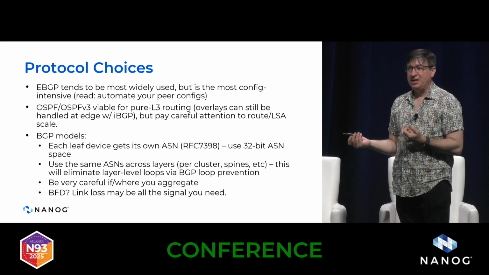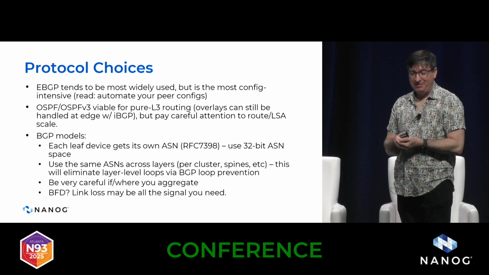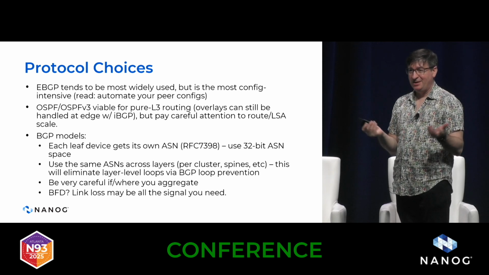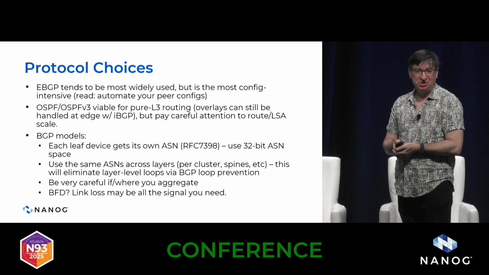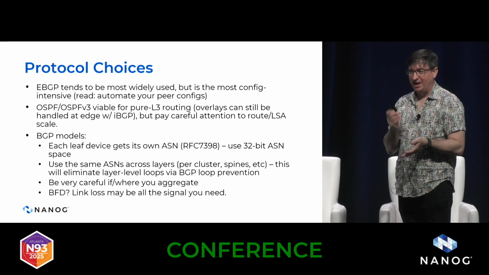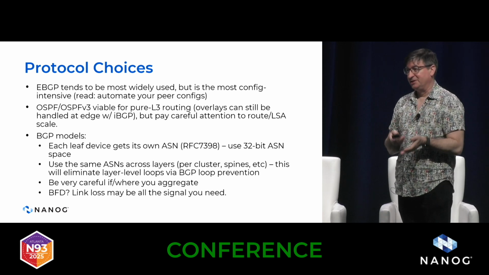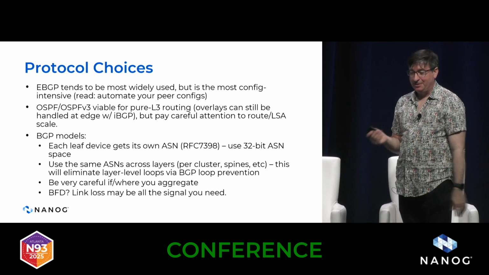So the loss of a link will tear down a BGP session in maybe 50 milliseconds, and that might be the loss detection you need. And that's generally where you see BFD. I mean, I see BFD tuned to 25 to 100 milliseconds most of the time. So losing the link might be good enough.